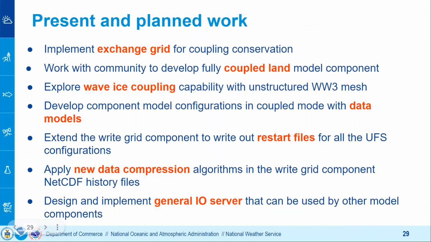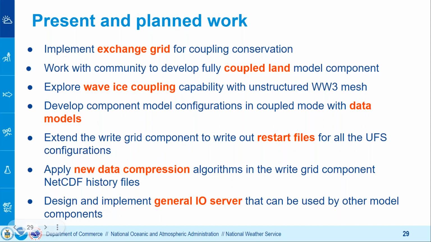Okay, I will go forward. Present and planned work. Those are the list of the current work. I may not go through every one of them. Basically, we want to improve the coupling capability further. That includes exchange grid, coupling with new components, and adding new coupling capability.